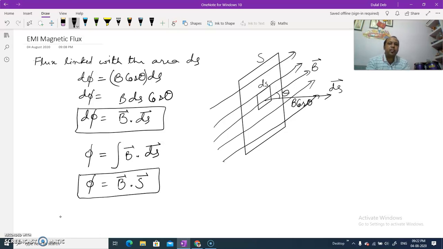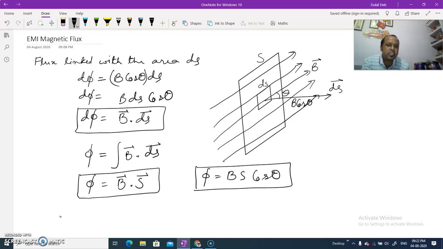So I hope this is very clear to you. Now you need to understand a very important concept here. The value of magnetic flux which we are getting as BS cos theta for the whole area does not give the number of lines of force which are perpendicular to the surface, but it gives a measure of it.